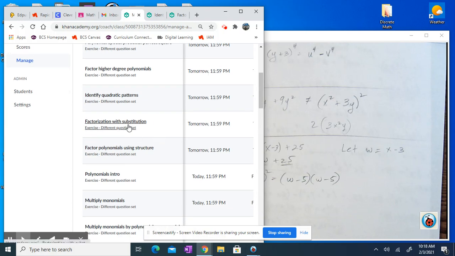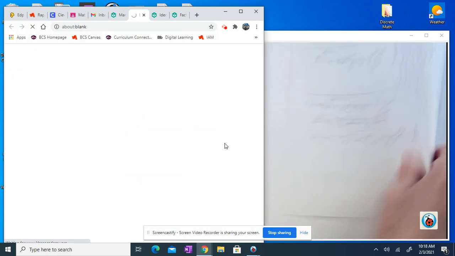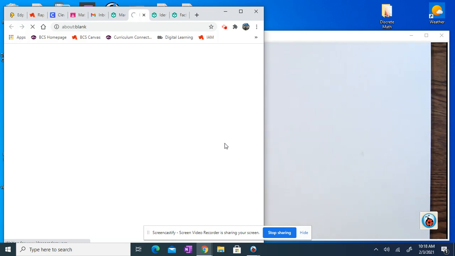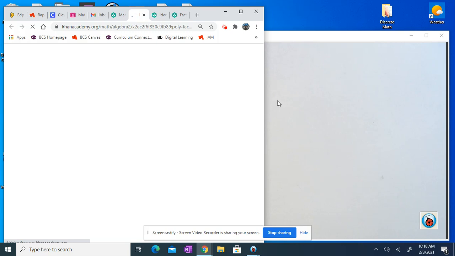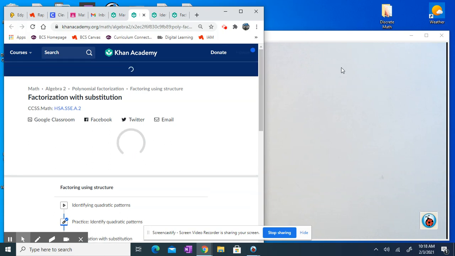Factorization with substitution. And again, this should all be review. If it isn't review for you, if it feels new, then you need to practice this a lot more.